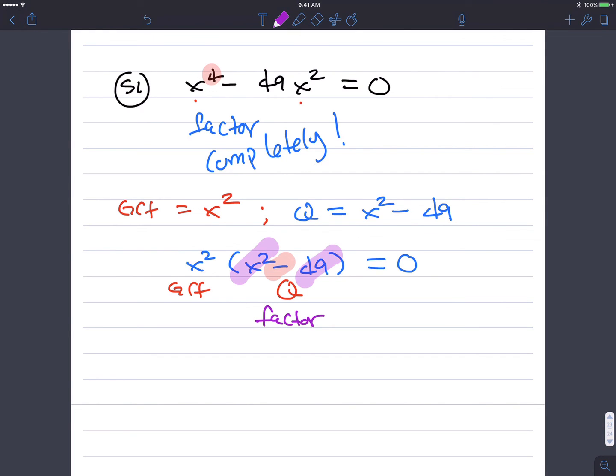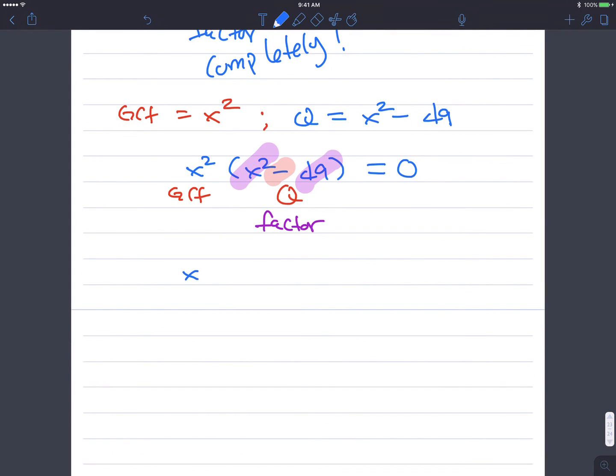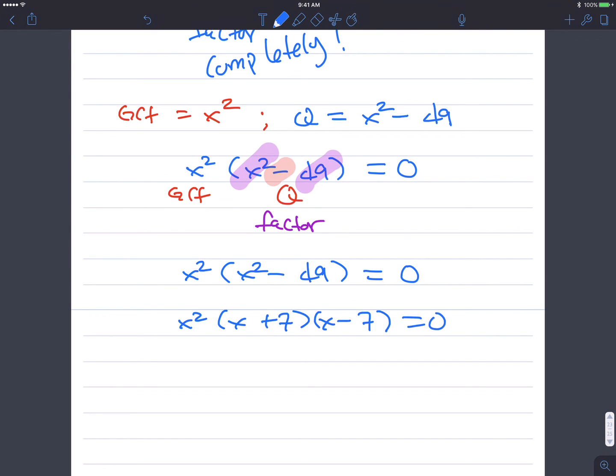Now, let's go through the factoring of the difference of perfect squares. I already have x squared there. Then I have x squared minus 49, and that equals 0. Difference of perfect squares, I have x squared, x plus 7, x minus 7. This is your difference of perfect square formula.